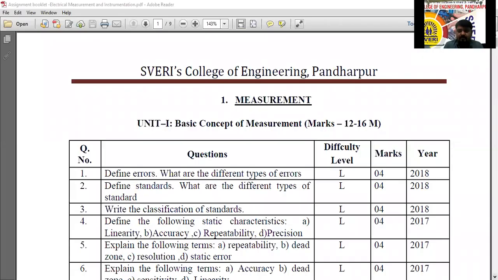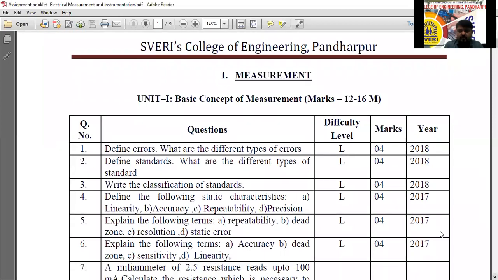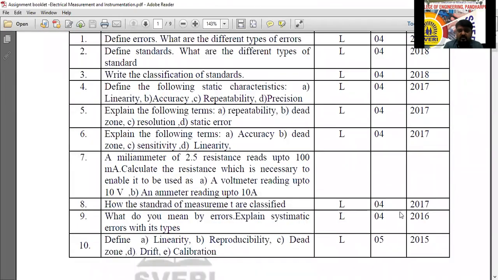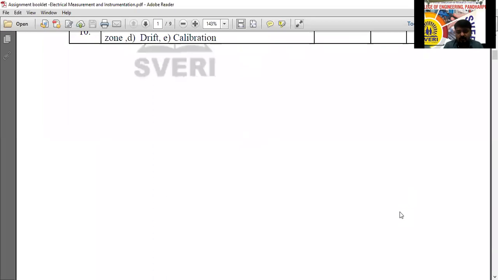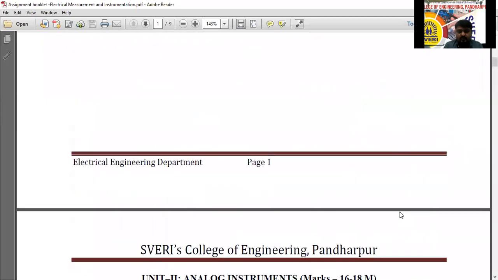Anyone, can you reply? Do you have the questions for assignment number 3? No, sir. Take the questions for assignment number 3 as well as 4 today. The 4th unit also I will give now only.